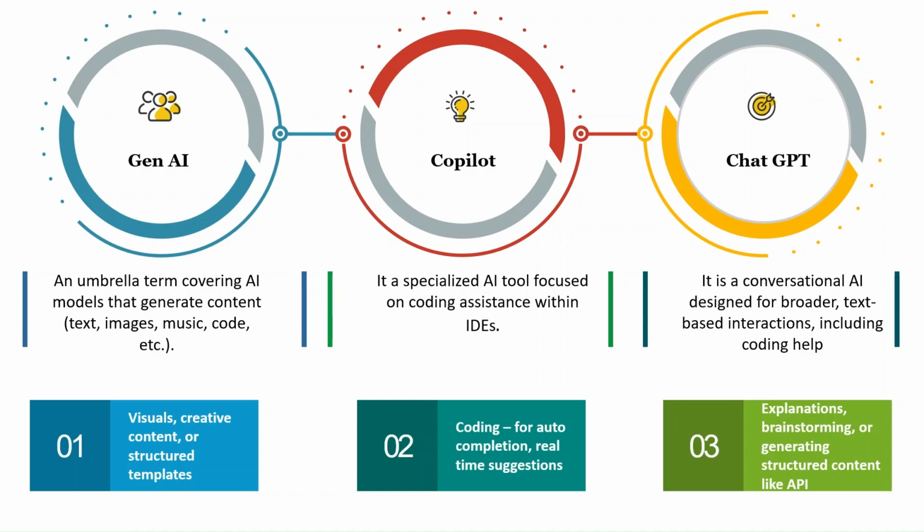The next one, ChatGPT. ChatGPT is a conversational AI designed for broader text-based interaction, including coding help. Quite recently, ChatGPT improved its version so that you can generate images also. You can use ChatGPT when you need explanations for any particular topic, or generate content for brainstorming.